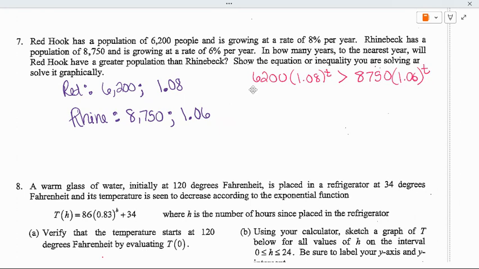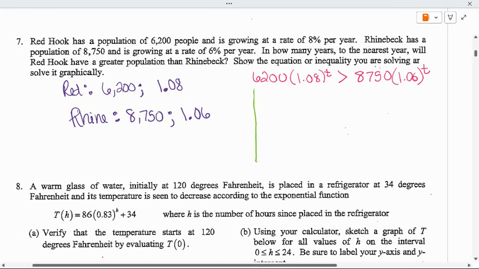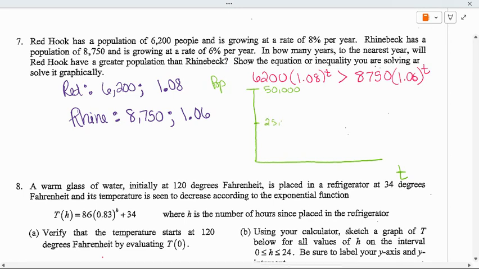Well, we're just going to make a sketch. This is going to represent our time, and this is going to represent our population. So if I go up to 55,000 or 50,000 to start, so this is 25,000.